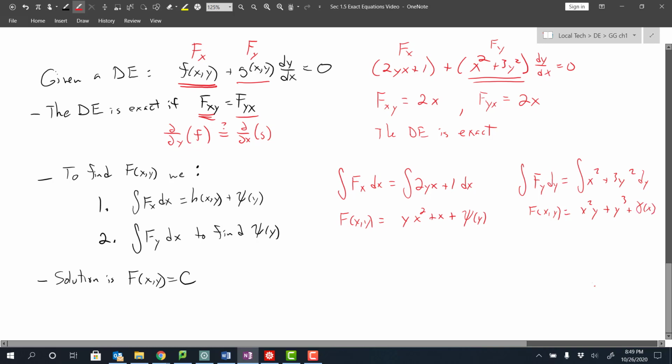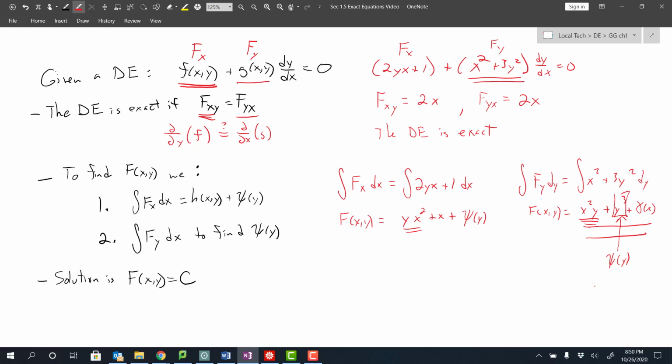But all I'm going to do is look through this new expression and try to identify the function of just y. In this case, it's just y cubed, and that should be my value for psi of y. That's my missing piece, the function of just y. I already have this term, the x squared y, already accounted for in my original calculation of F. The only piece I was missing is just the function of y.